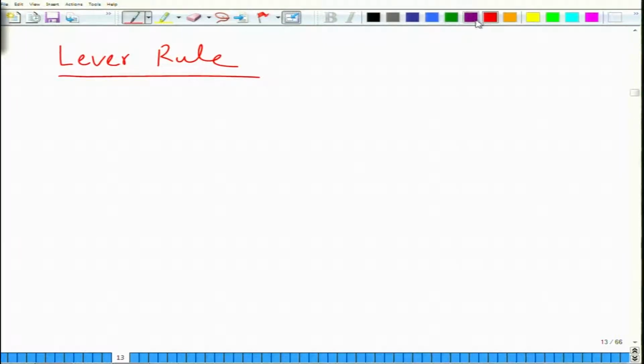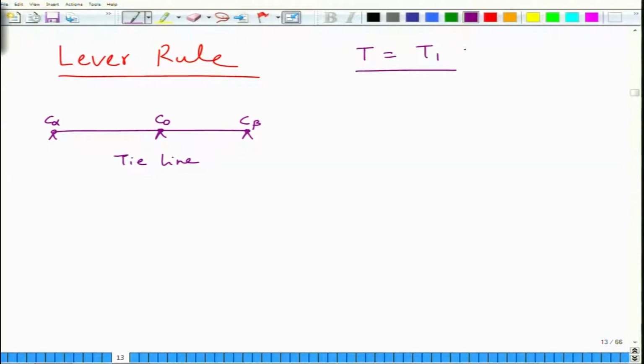So let us say we have a two-phase equilibrium. So this is C naught, this is, let us say, C alpha, and this is C beta. Okay, two phases in equilibrium, and this is the tie line basically. Now at a fixed temperature, of course, T1. So the temperature, let us say, is T1, that is fixed.